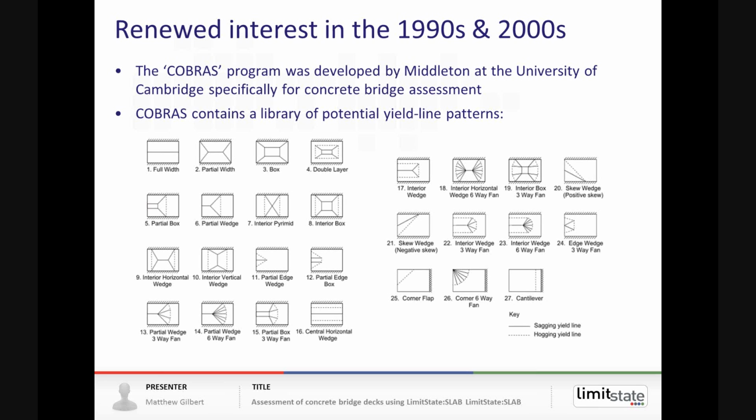Basically, this provides a library of potential yield line patterns, and when you analyze a given bridge, the software will test each of these potential failure mechanisms, identify which is most critical, and give you an indication of the margin of safety for the bridge under consideration.